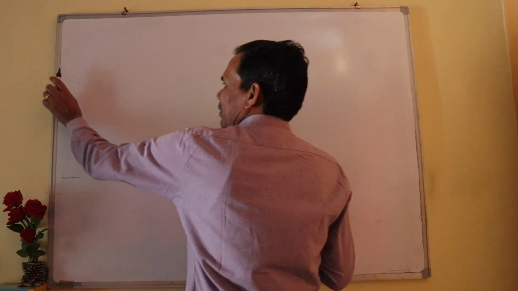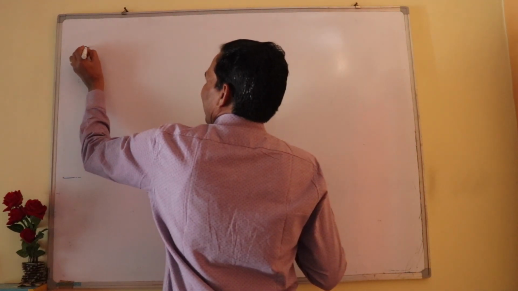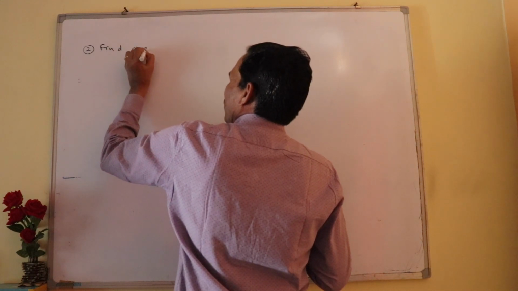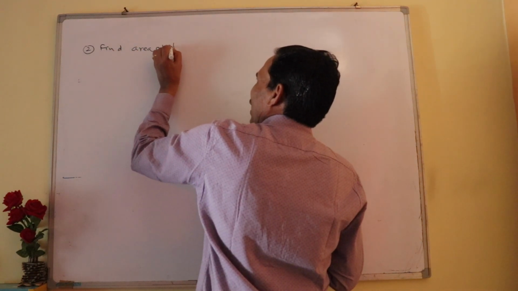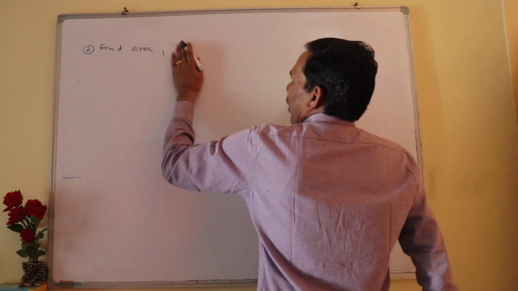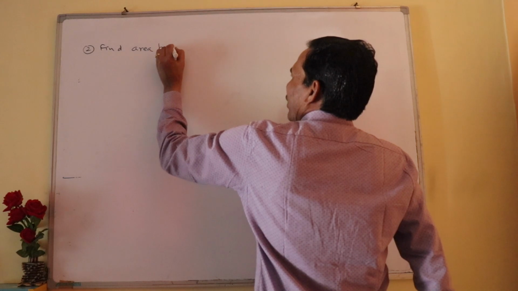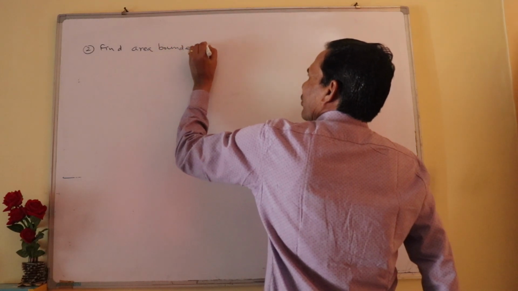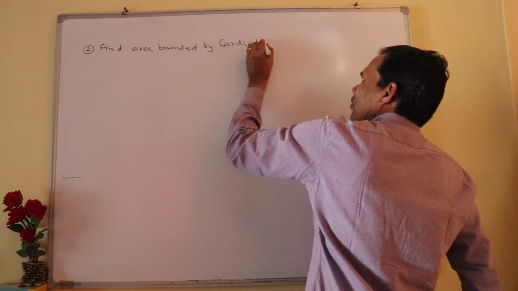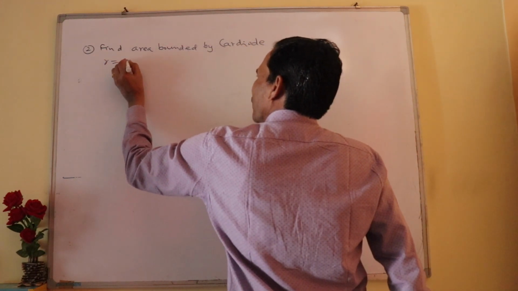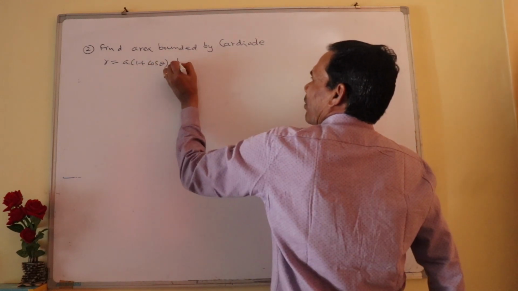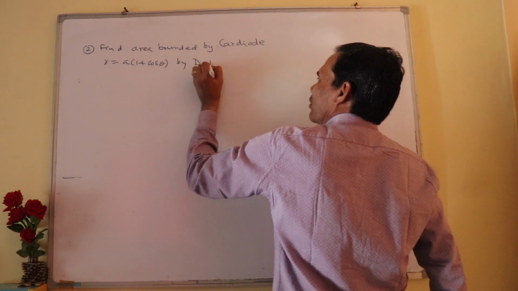Now the next example, second example: find the area bounded by the cardioid r equals a(1 plus cos theta) by double integration.